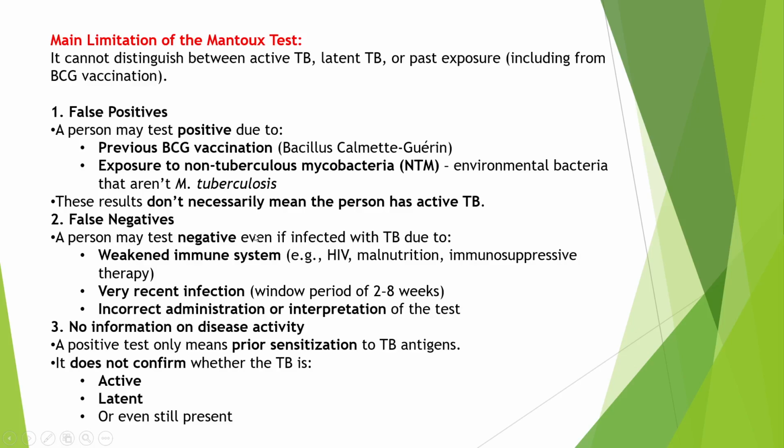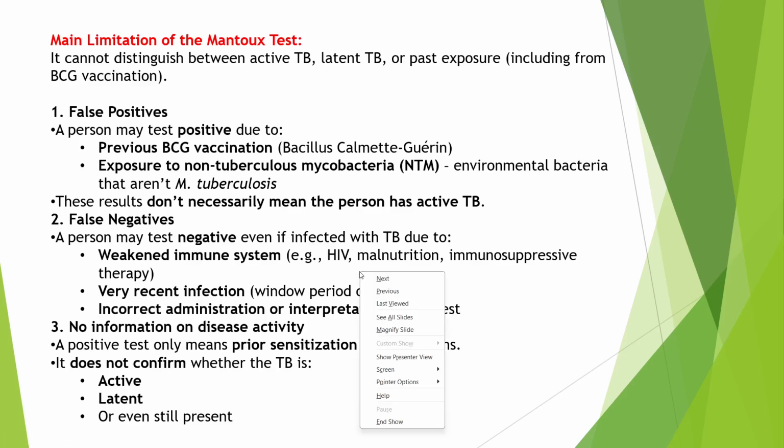So a person may test negative even though he is already infected and has the TB bacterium present in him. This could be because of a weakened immune system, because it is an immune response that is checked. This could also be a result of secondary complications or issues already present in the person, like he can be an HIV positive person.